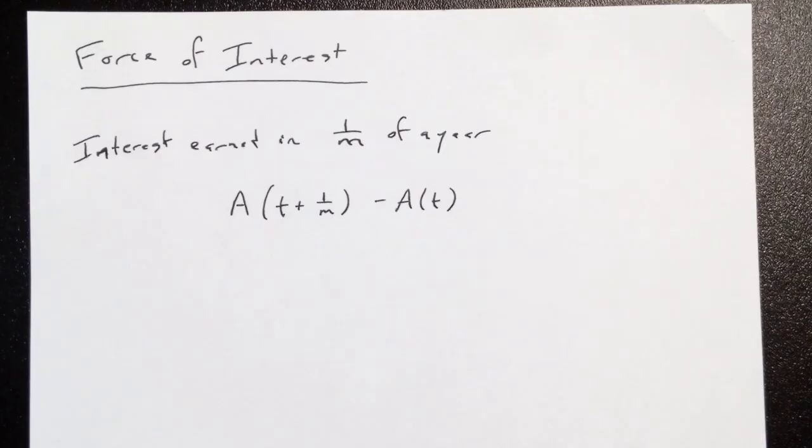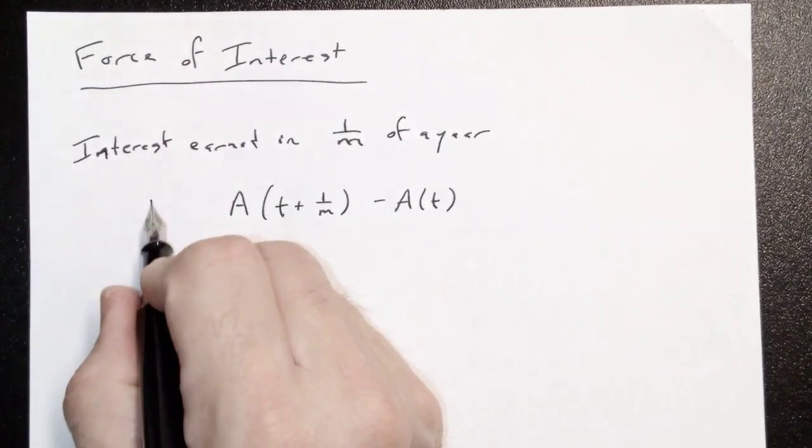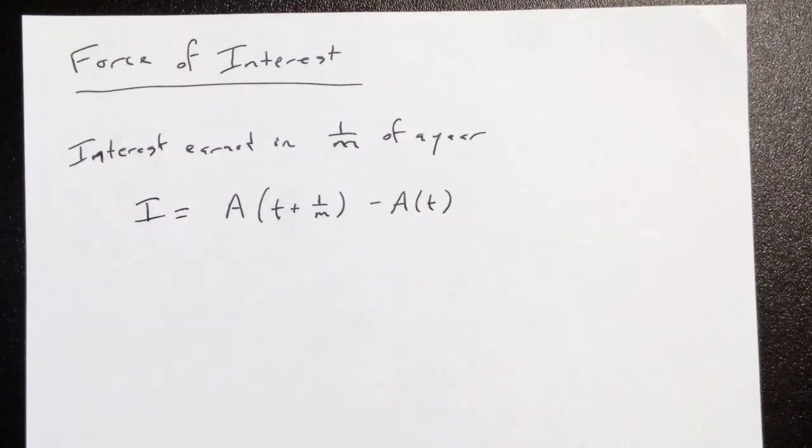That's the definition of change in accumulated value. That's the interest we earned. So what's the rate? If this is the interest earned, what's the rate?